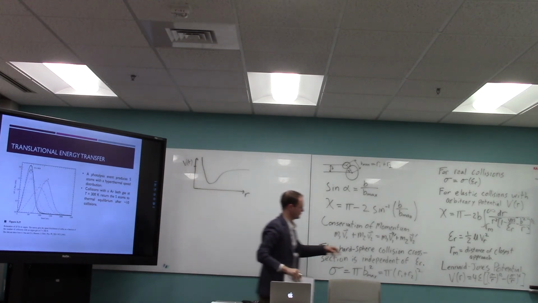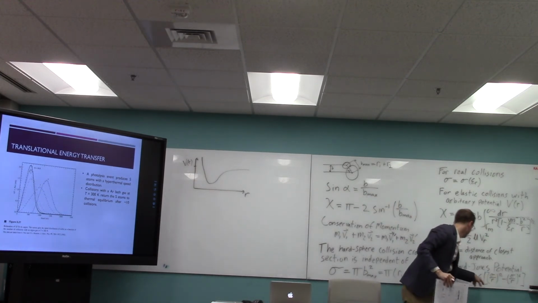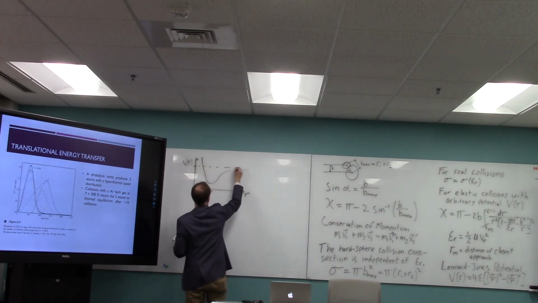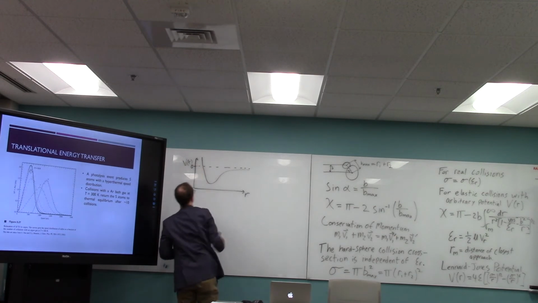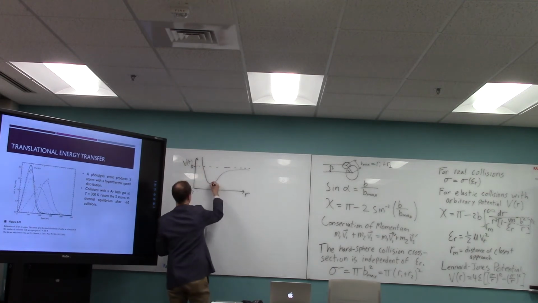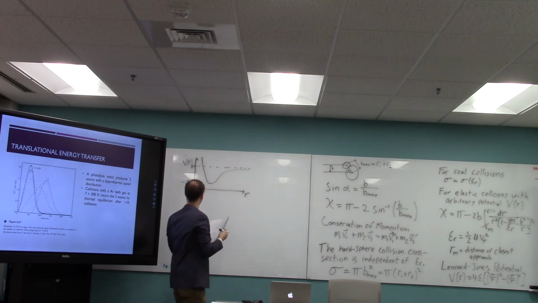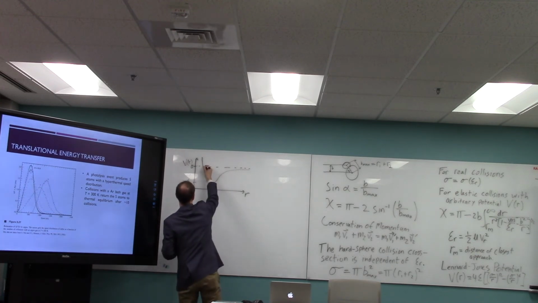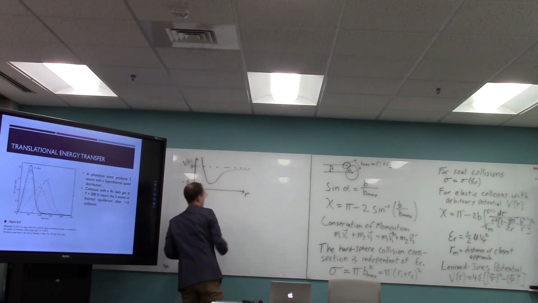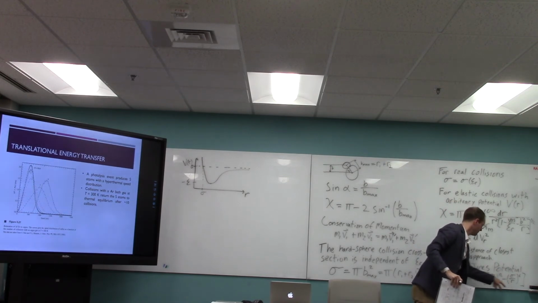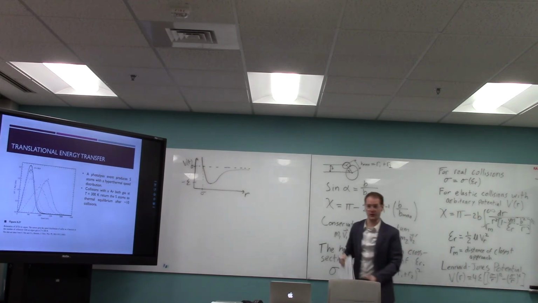As R goes to infinity, this is going to go to 0. So this here is 0. The minimum of the well is going to be at minus epsilon. And the point where this crosses 0 is going to be at R equals sigma. You can see that if you plug in R equals sigma, then these two terms are going to cancel and you're going to get 0.